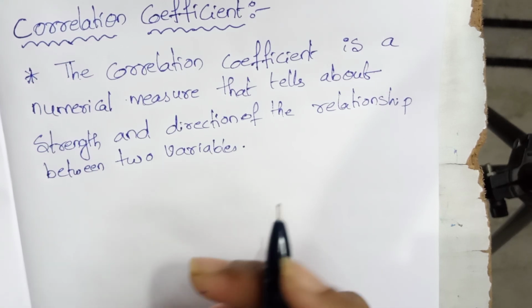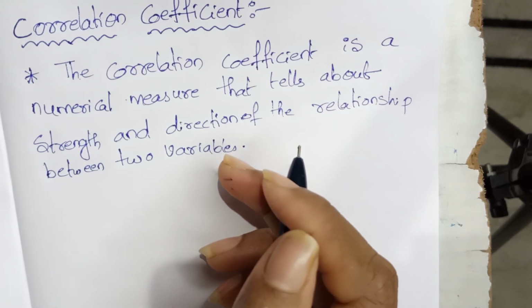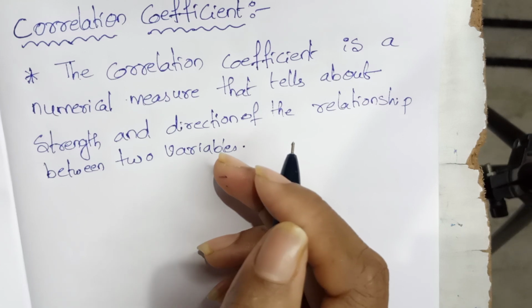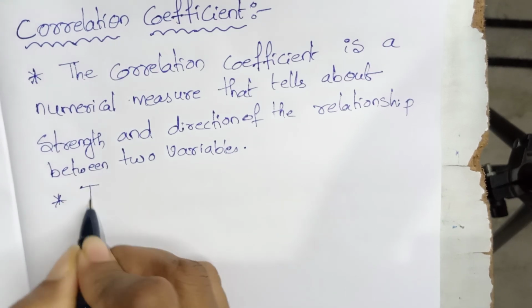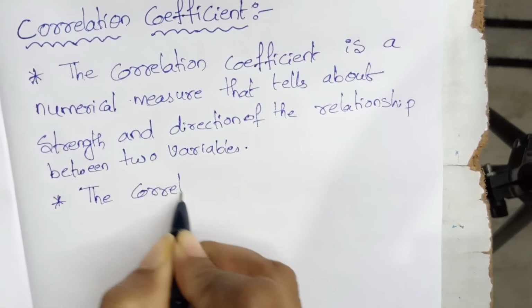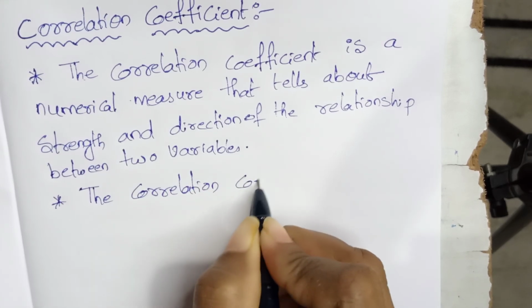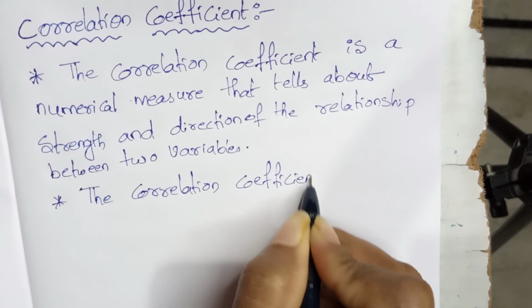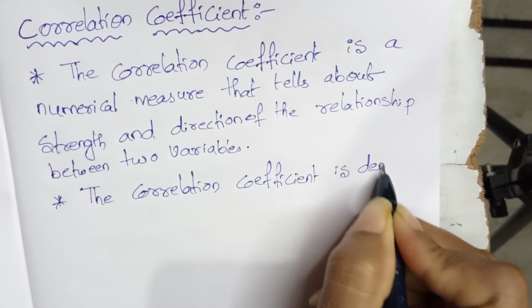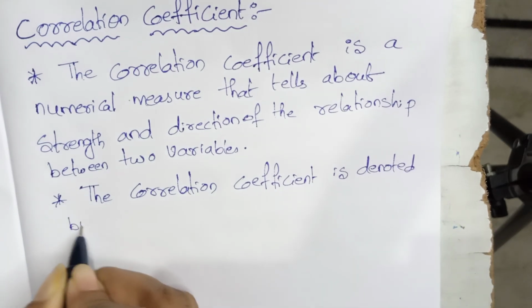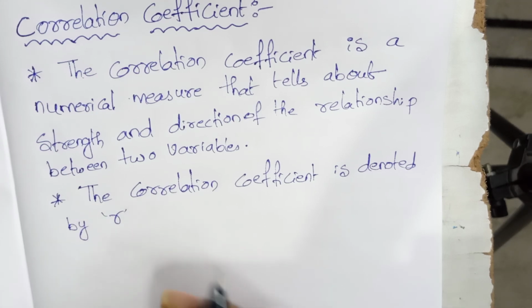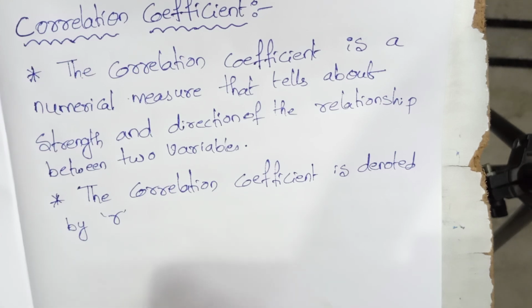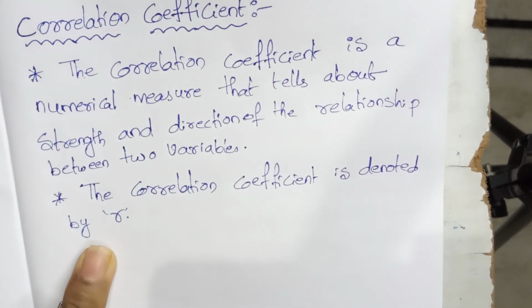The correlation coefficient is denoted by R. So the next point is: the correlation coefficient is denoted by R. This R is the Pearson R. That means the correlation coefficient was introduced by Carl Pearson, so that's why it is also called Pearson R.